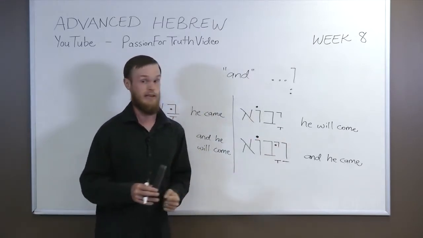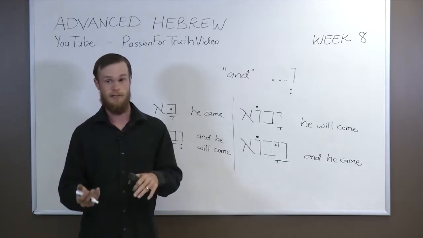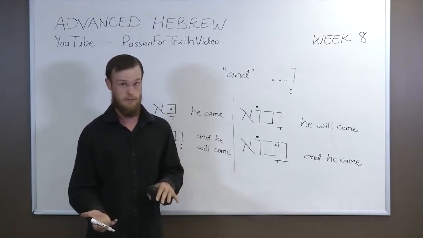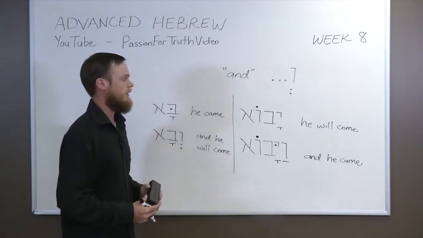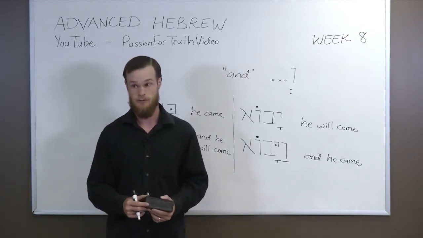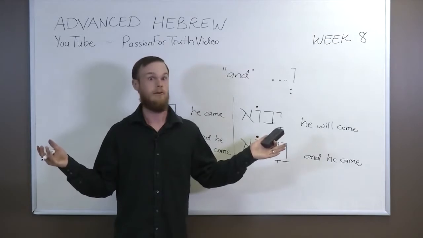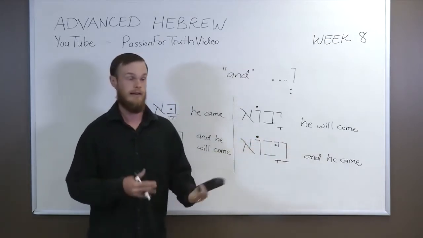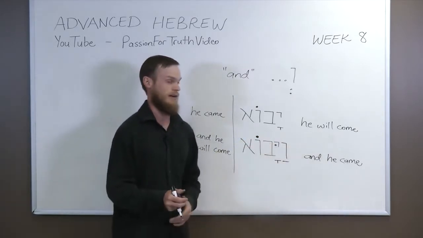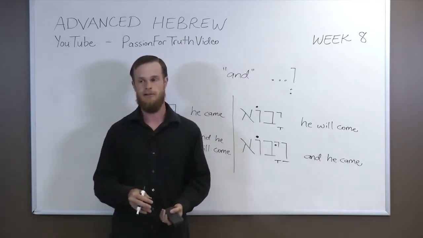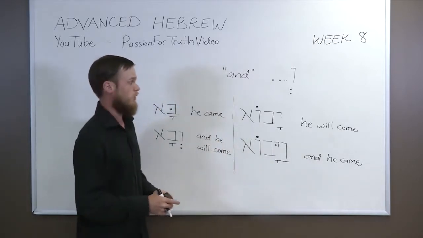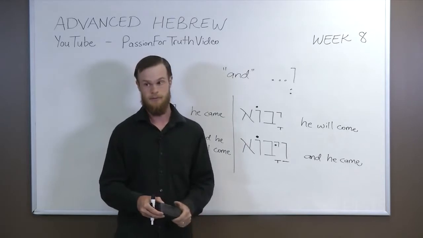We call this the vav that inverts, because it inverts the tense from future to past or from past to future. This is a very common thing in the scriptures, because the scriptures are a lot of stories put together, and they're written in a narrative form, and this vav is what connects the different parts of the narrative together. All right, and so there's a whole lot of this tense flipping that happens.